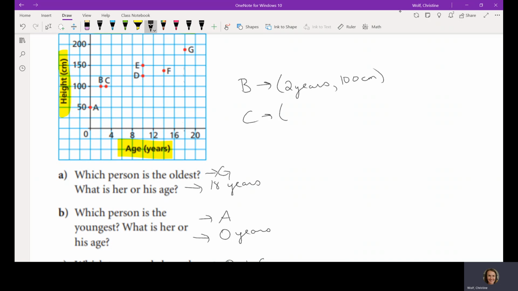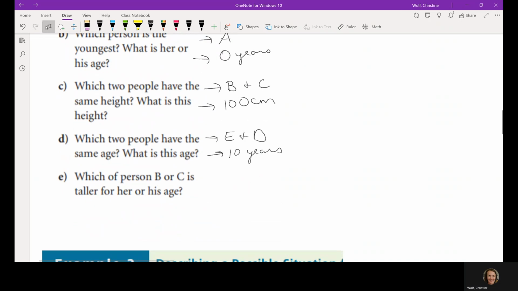Person C is 3 years old, right? Because they're halfway between the 2 and the 4 tick down here. And they're also 100 centimeters. So the question asked, who is taller for their age? Well, obviously, he's a bit taller for his age because he's only 2 and he has the same height as a 3-year-old. So that 2-year-old is pretty advanced for his age. So that's our answer.